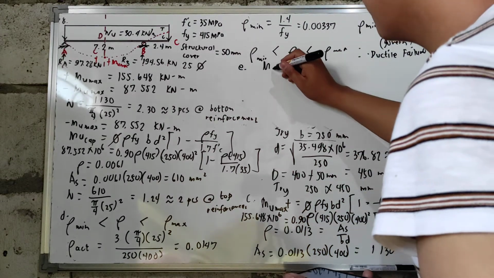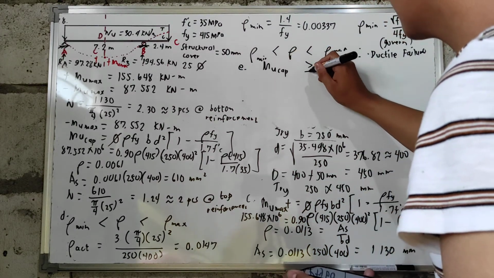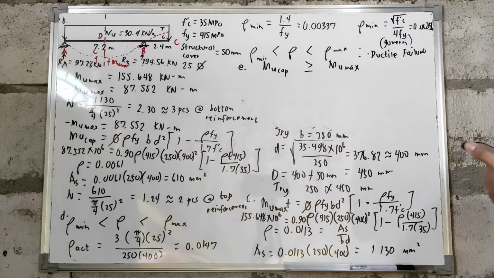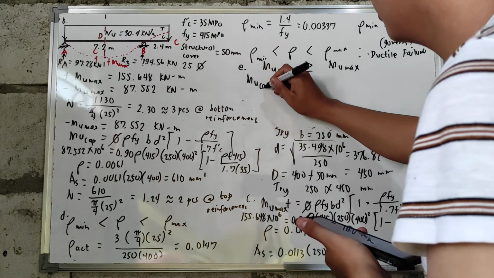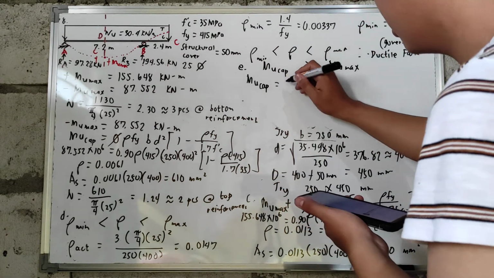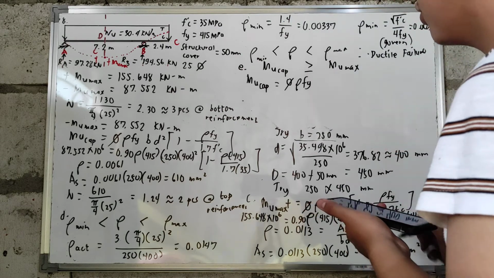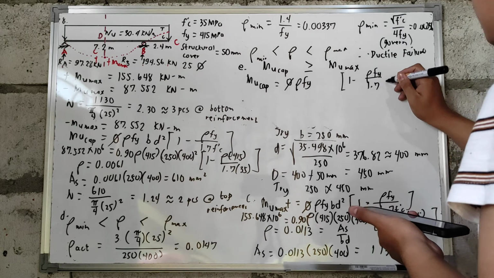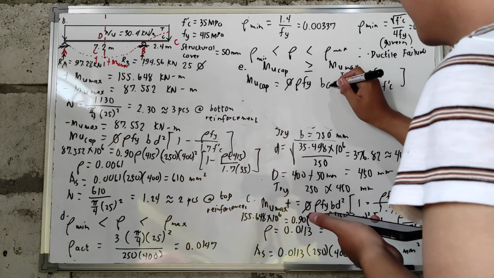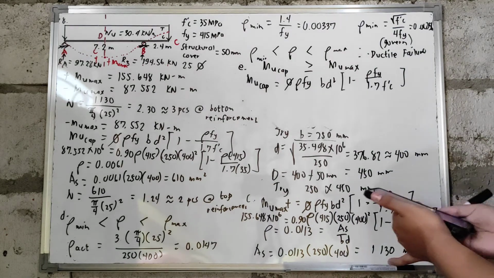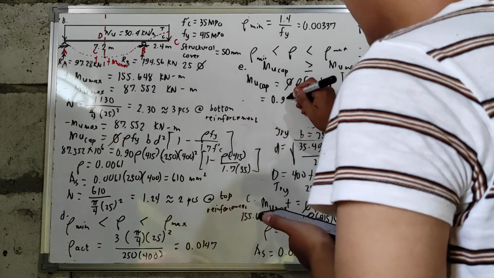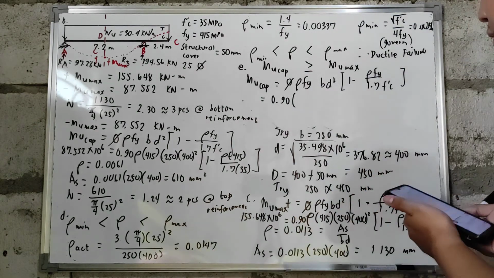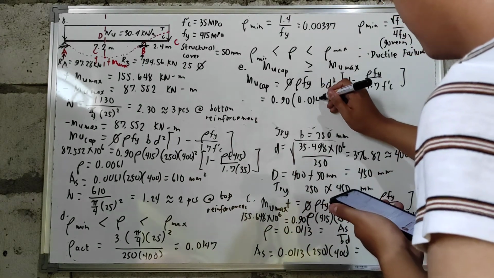So dapat yung Mu capacity natin, that must be greater than or equal to the value ng Mu max natin. So Mu capacity, that is equal to phi times rho times the nominal resistance, multiplied by bd squared. So, we will have 0.90 multiplied by yung rho natin. Yung gagamitin natin dito is the actual rho, 0.0147.